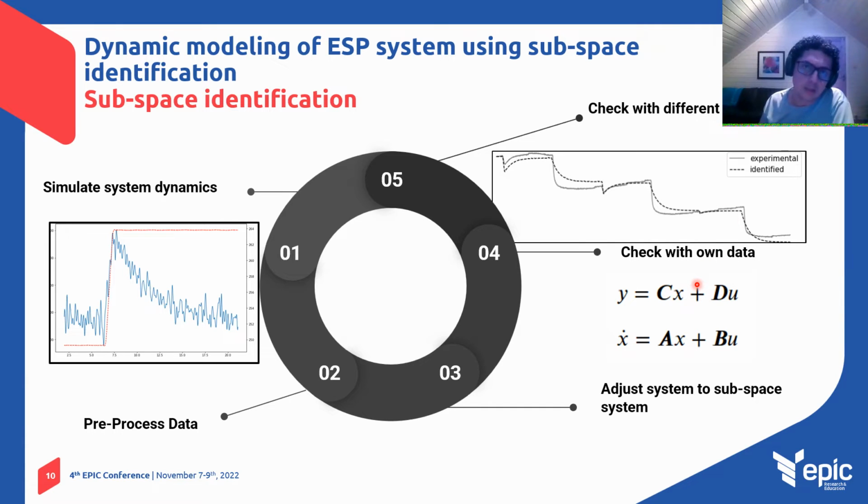The subspace system consists of a state vector X, a state matrix A, an input vector U, an input matrix B, an output matrix C, and a forward transmission matrix or direct transmission matrix D. The behavior of the system is simulated and compared with data which is fitted, and finally with data corresponding to another experiment.